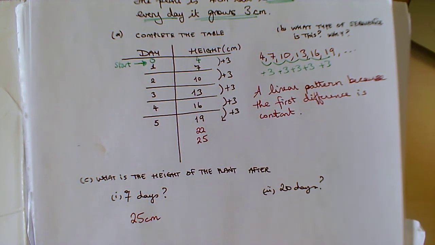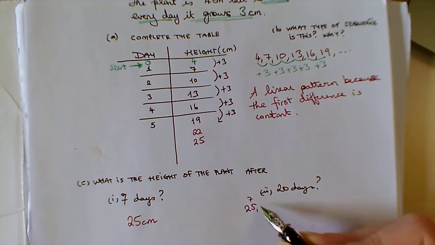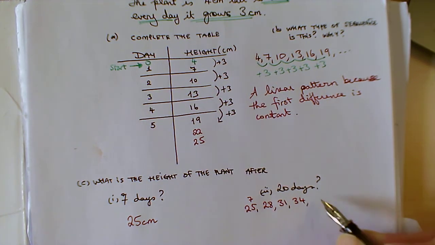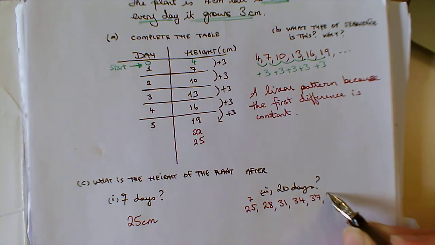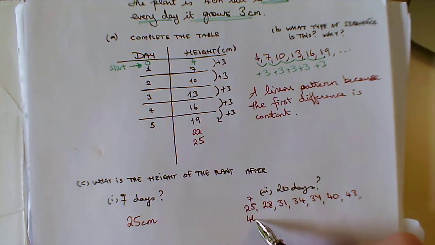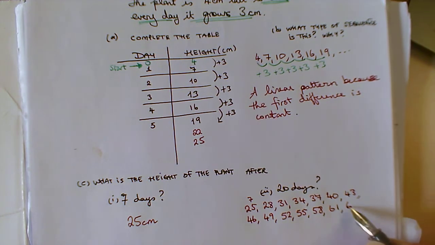That's enough working out there. After 20 days, am I going to go through this in my head? Well, after 7 days, it was 25 centimeters. 7, 8, 9, 10, 11, 12, 13, 14, 15, 16, 17, 18, 19, 20.